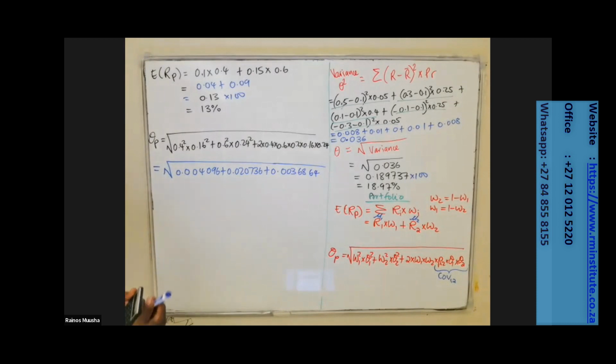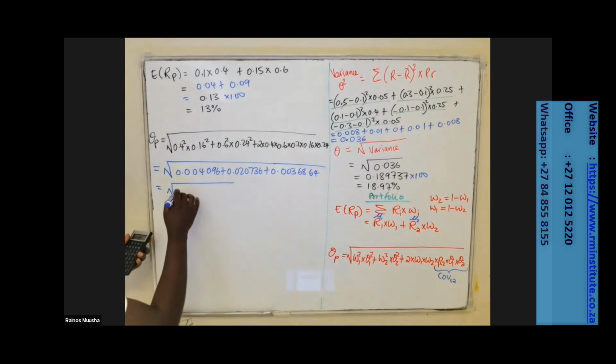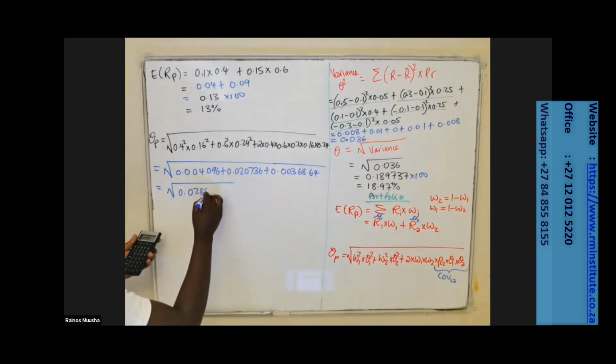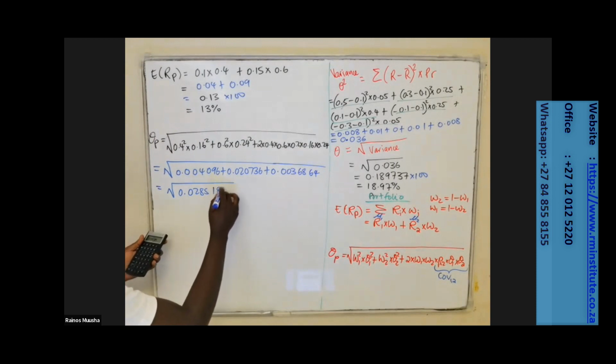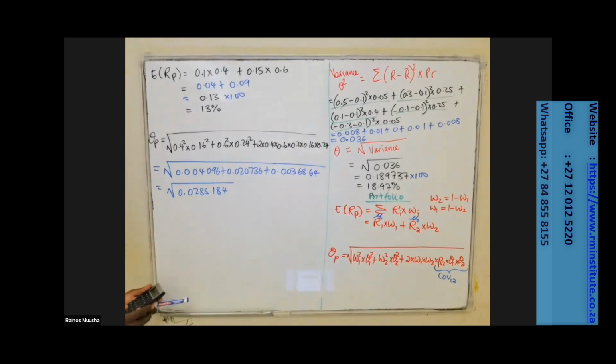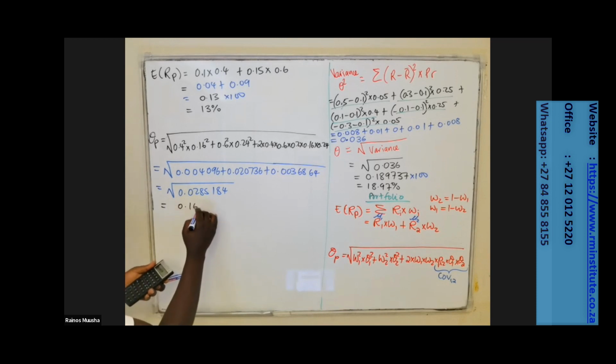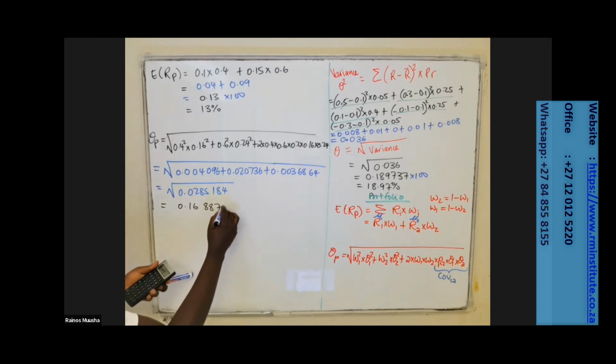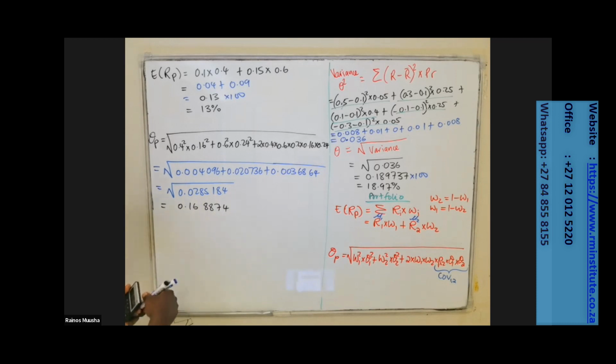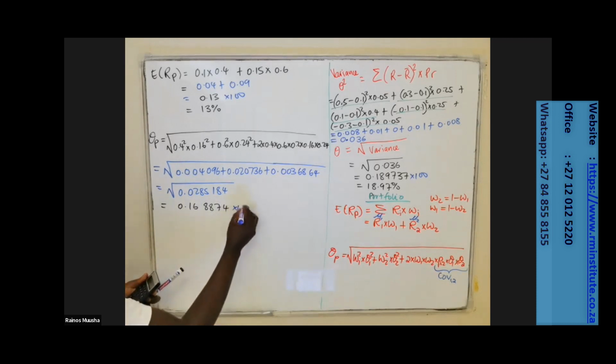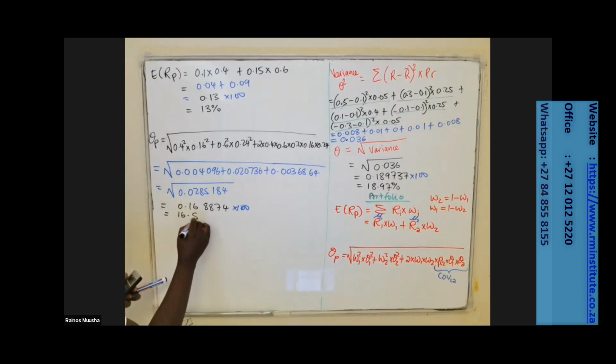And this will give us an amount of 0.0285184, and we'll be looking for the square root of that. The square root would give us an amount of 0.168874. And then if you multiply that by 100, that's when you're able to get a figure of 16.89% being your standard deviation.